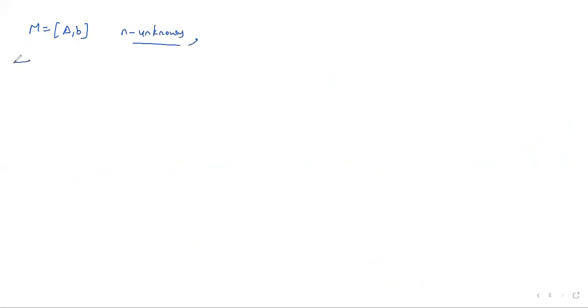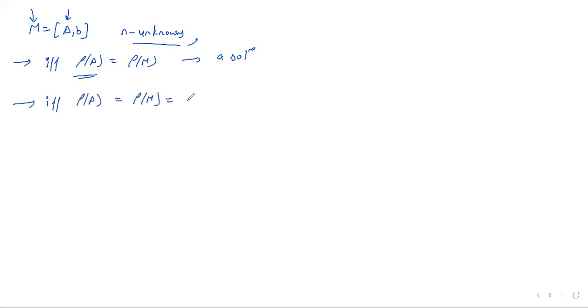Then the system has a solution if rank of A is equal to rank of M. That means the rank of the A matrix is equal to the rank of the augmented matrix. And if rank of A is equal to rank of M, which is equal to n, the number of unknowns that we have, then we have a unique solution.